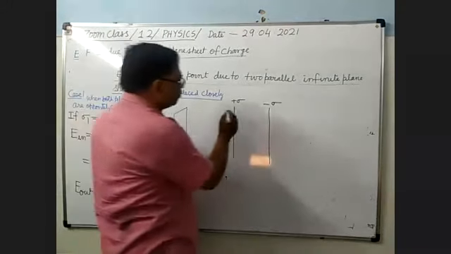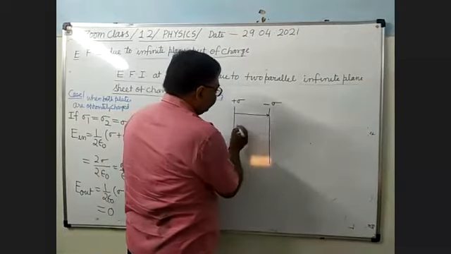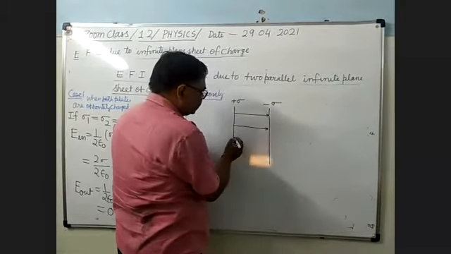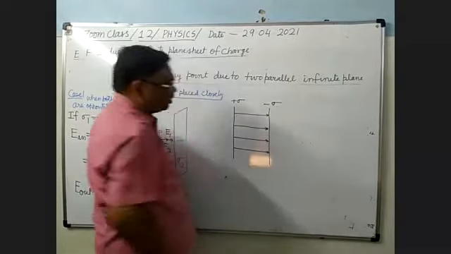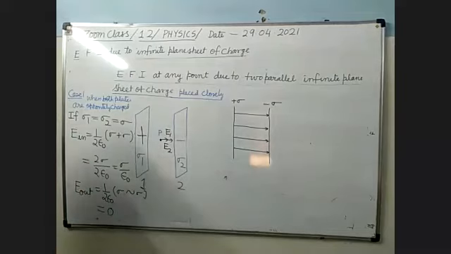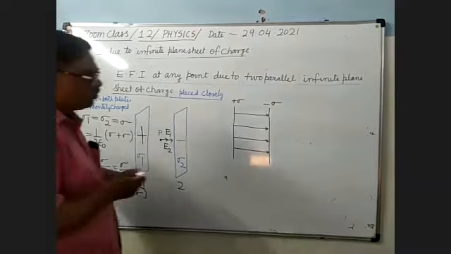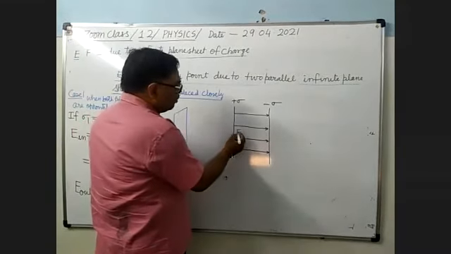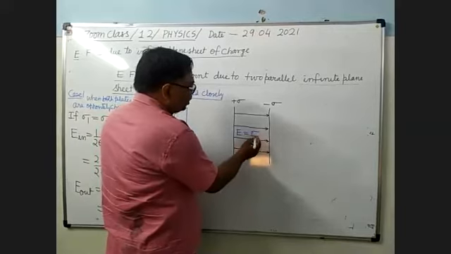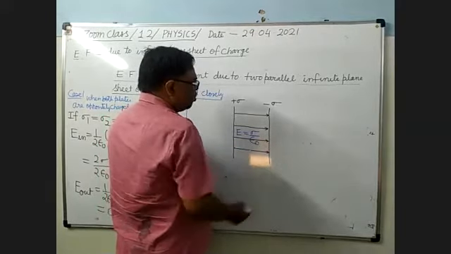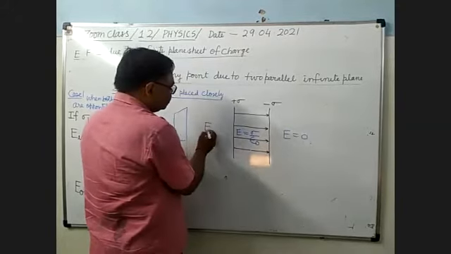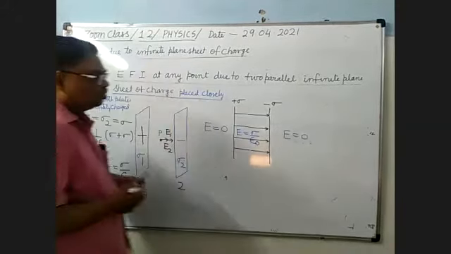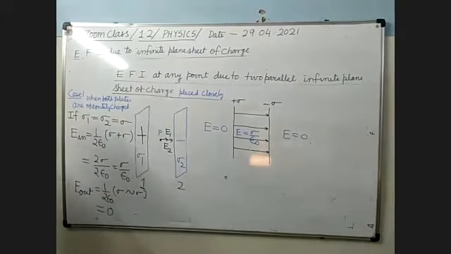So well within the plates, what will be the electric intensity? It will be directed from the positive plate to the negative plate, and its magnitude will be sigma upon epsilon naught. While outside the plates, this is 0. It is clear?